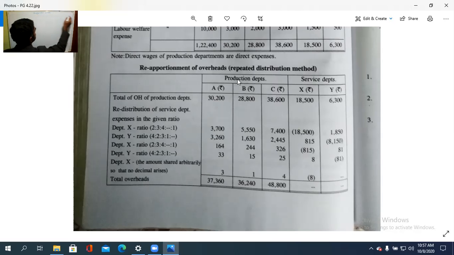How is it to be? So this is Y, X, C, B, A. A, B, C are the production departments, and X and Y are the service departments, isn't it? So this is particulars, and then total of overheads for the production departments.